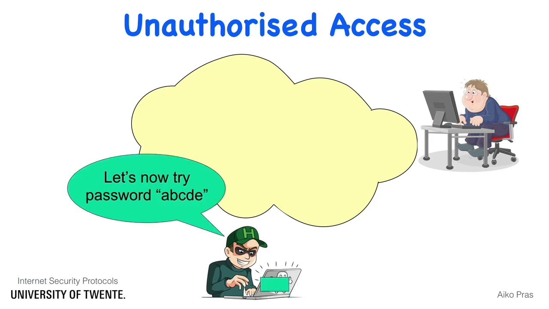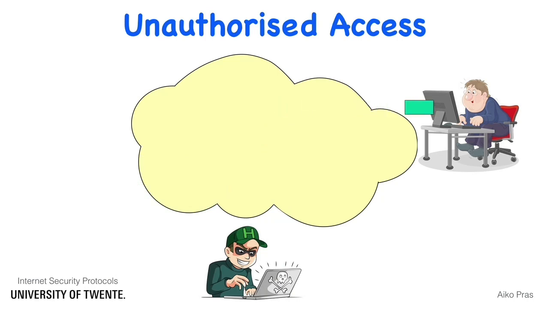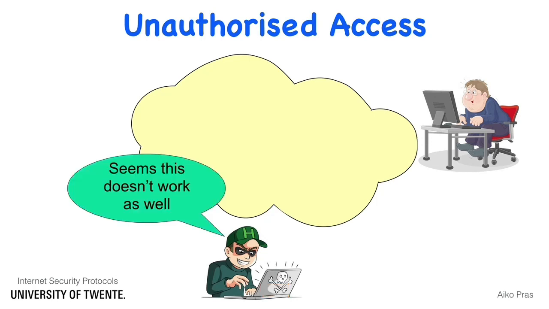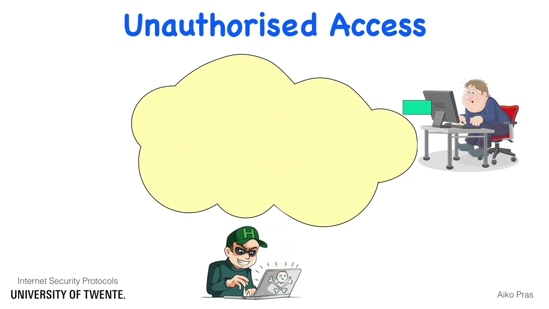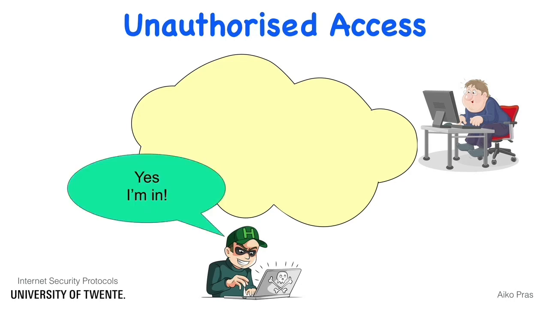The second login attempt is also sent to Bob, but since ABCDE is also incorrect, an error message is returned again. The attacker knows that ABCDE is also incorrect and may now try using Alice as password. The third login attempt is now sent to Bob, but this time the attacker gets the right password and a welcome message is returned. The attacker has now gained access to Bob's system by guessing a number of passwords.